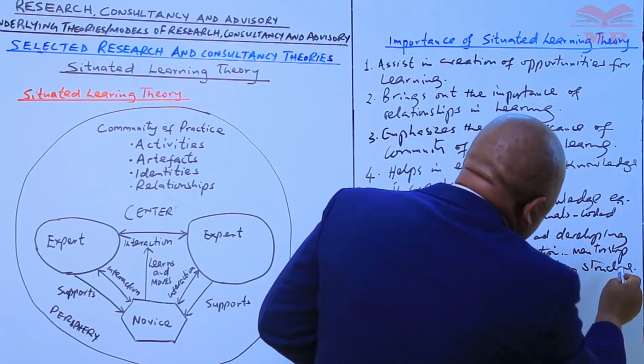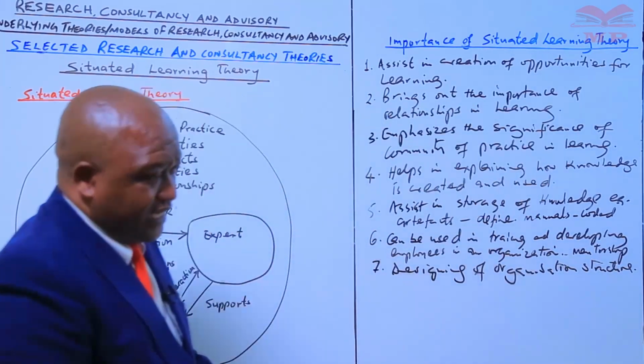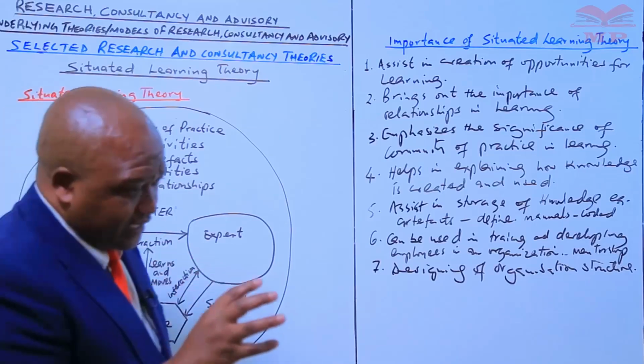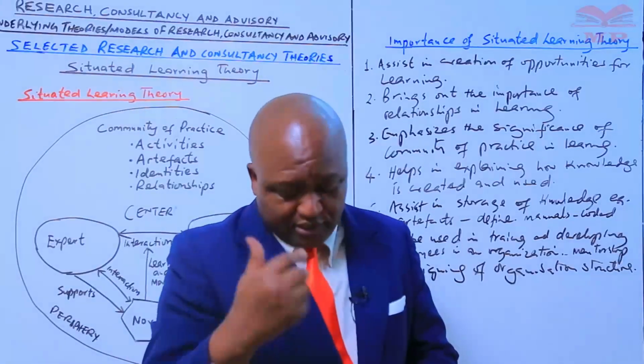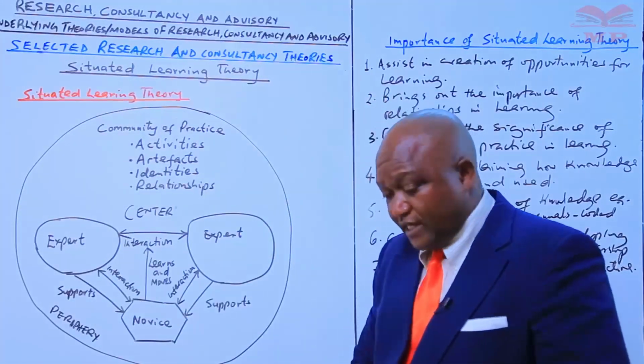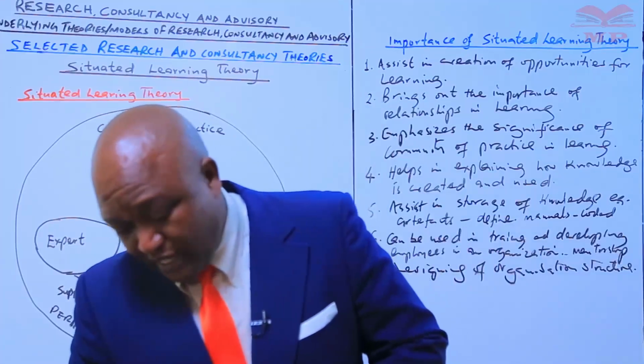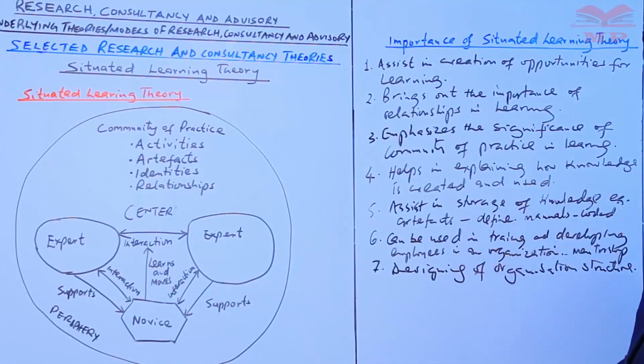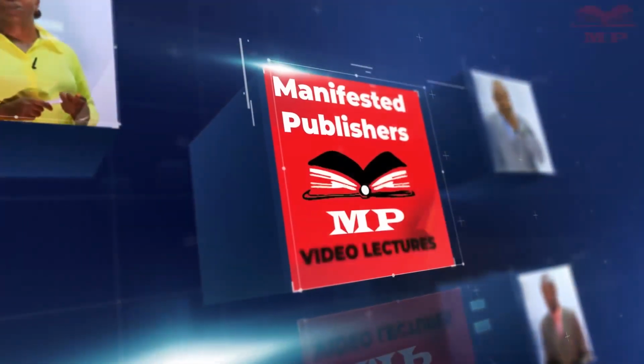So when an organization is putting in place the hierarchical relationships, it may also be informed by the situated learning theory so that they can choose the most appropriate structure that that organization can utilize. So these are some of the uses or the importance of the situated learning theory.